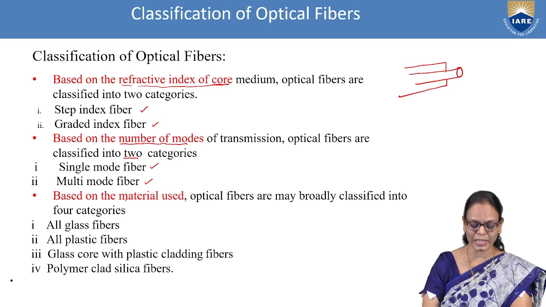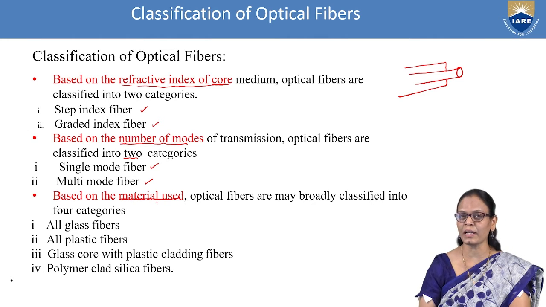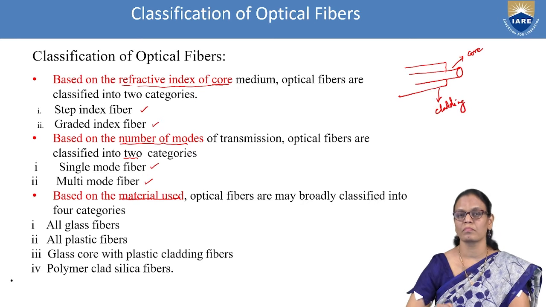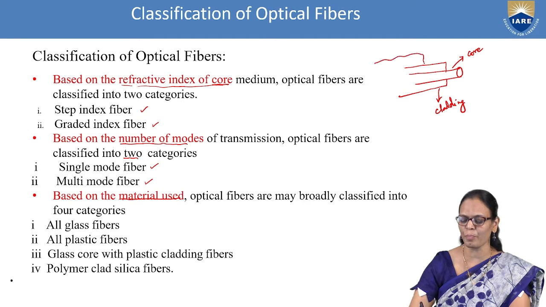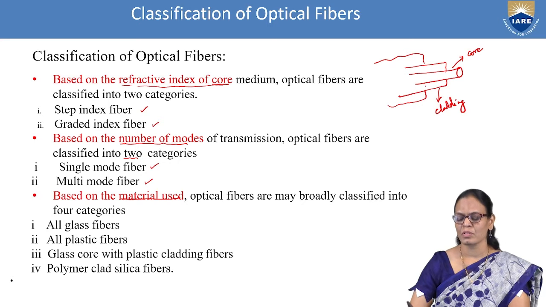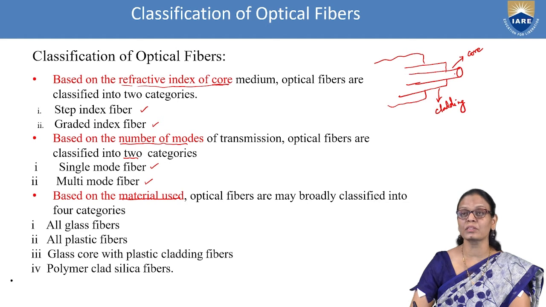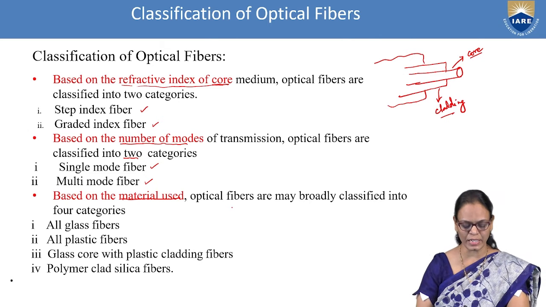Now coming to the material used, the material that we are using for the core and the cladding. We are mainly talking here about three things: the core, the cladding, and the protective coating. We have already seen and discussed the conditions for the core and cladding. Now we are going to talk about the material.